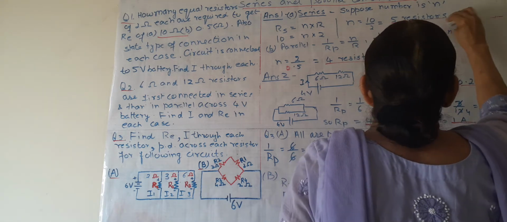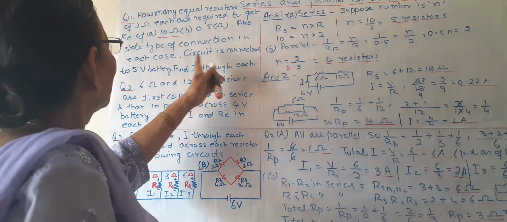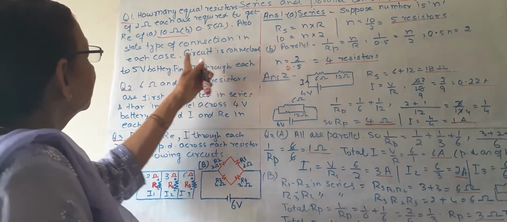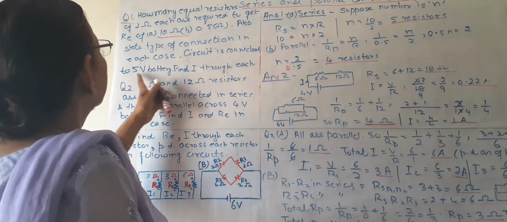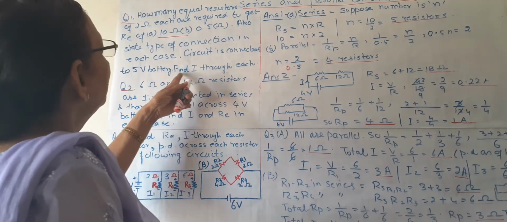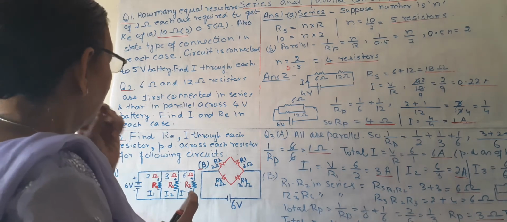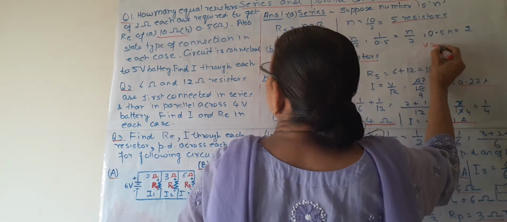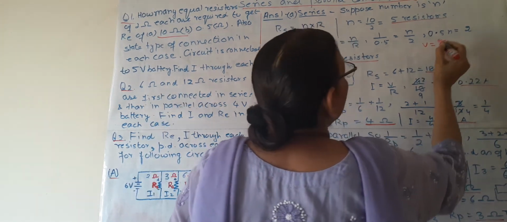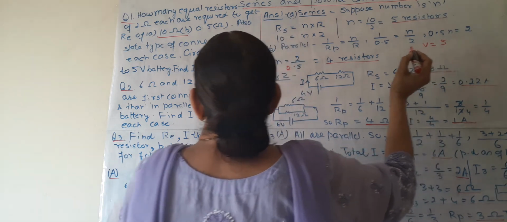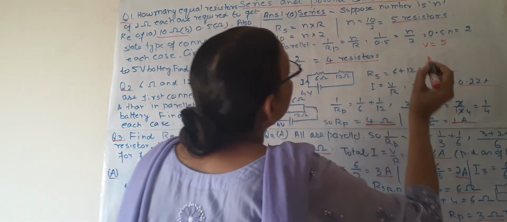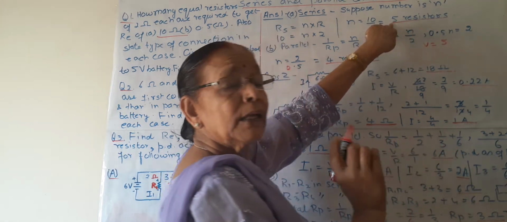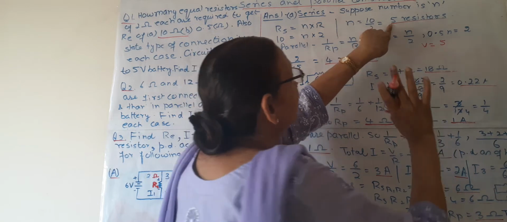Now the next thing is what is asked. Also state the type of connection we have stated. The circuit is connected to 5V. Find I through each resistor. So V of the circuit is given as 5. If this is 5, for the resistors in series, I is the same.